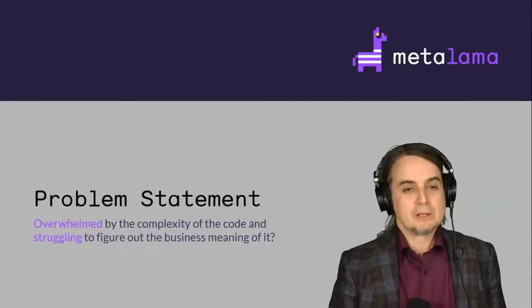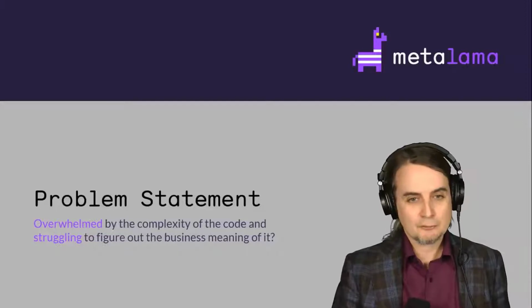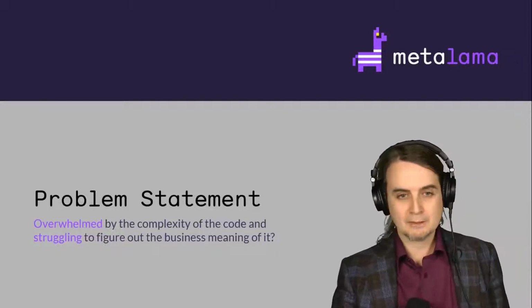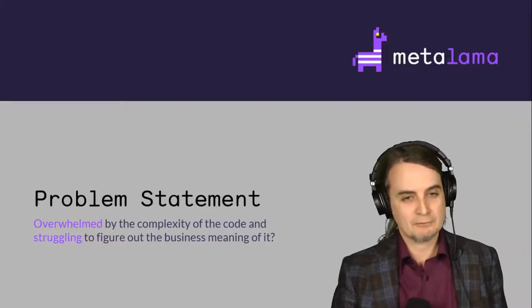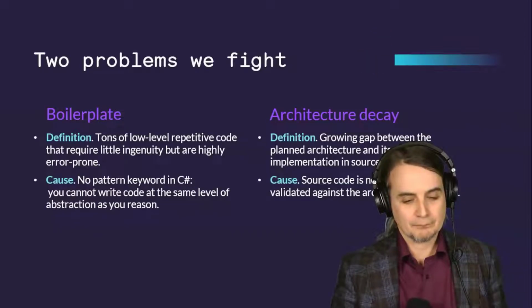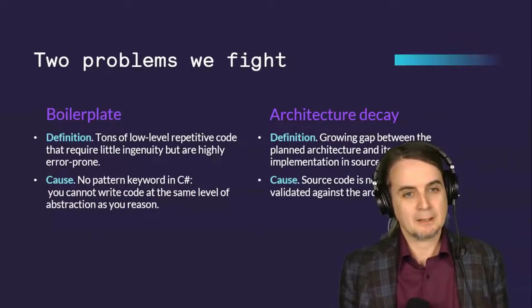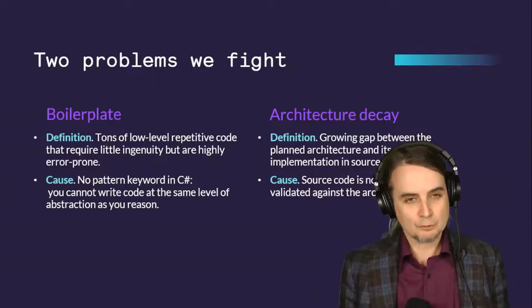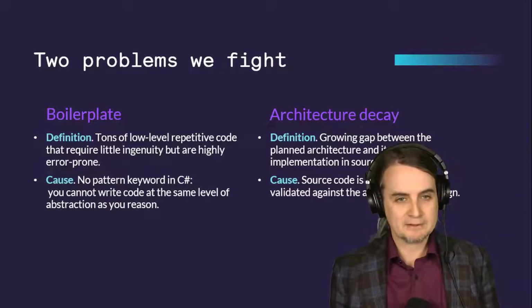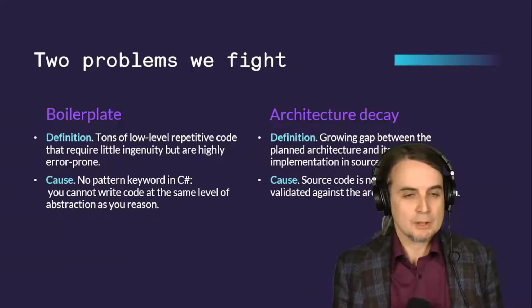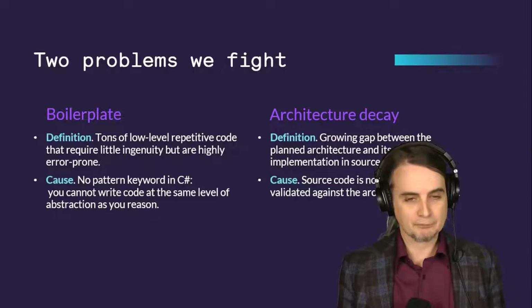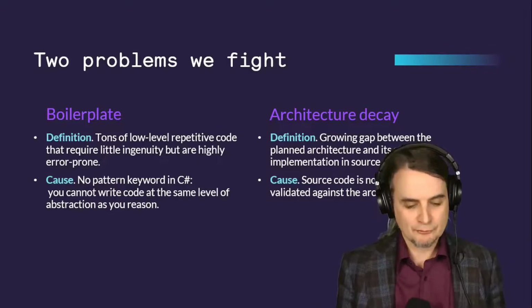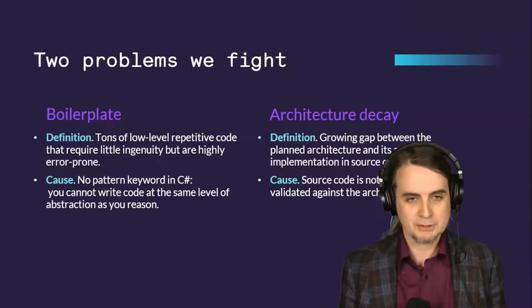So the problem that Metalama solves is actually a bit the same as PostSharp. It is an evolution of PostSharp. The two problems we solve are boilerplate and architecture decay. Boilerplate is the repetitive code. This is code that is quite stupid, but not really always.